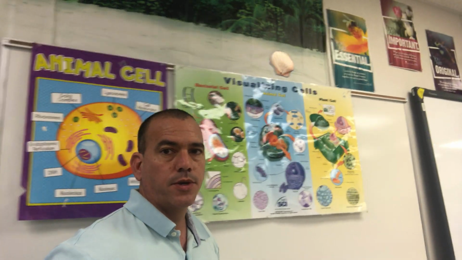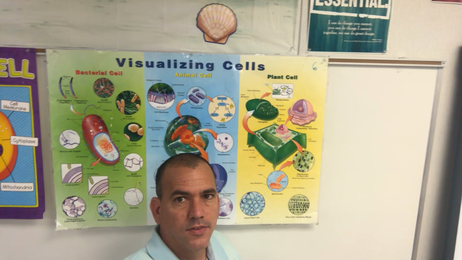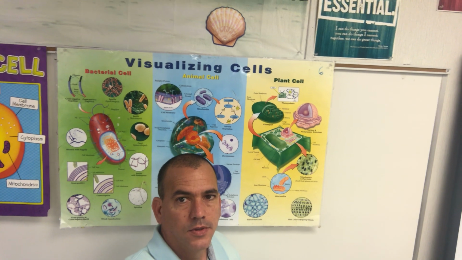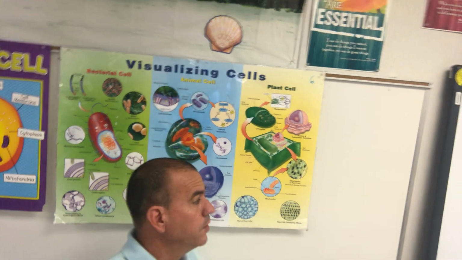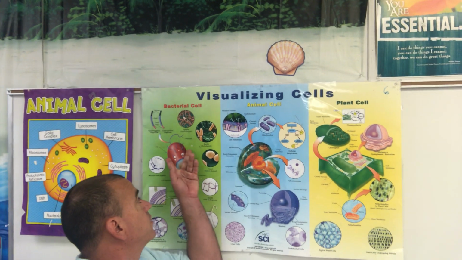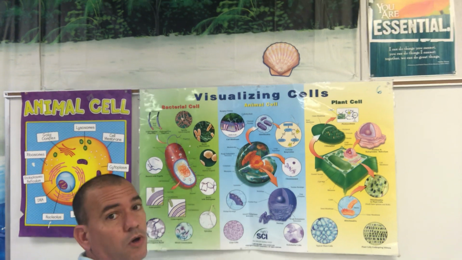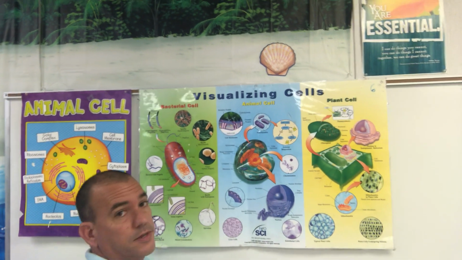See, there's a cell right behind me. And if you notice, on this next poster here, it shows you cells of all different things. Cells are the basic unit of life. Here you have a bacteria cell. This should be a lot smaller, because a bacteria or prokaryotic cell is way smaller than a eukaryotic cell.